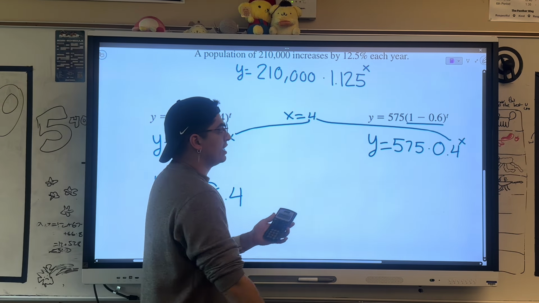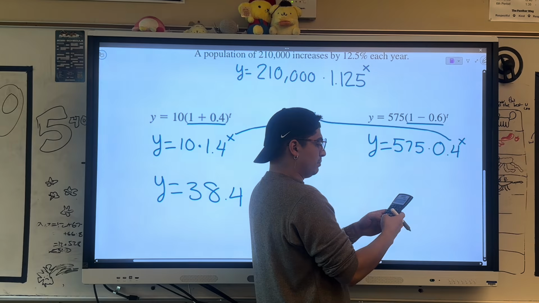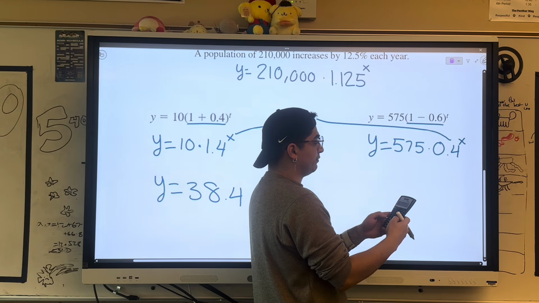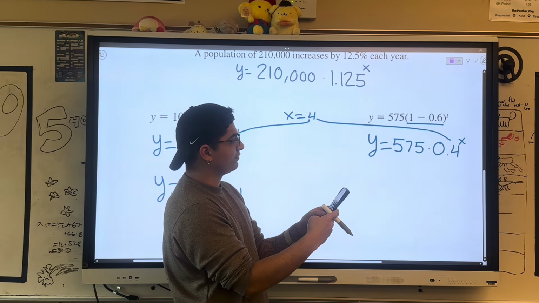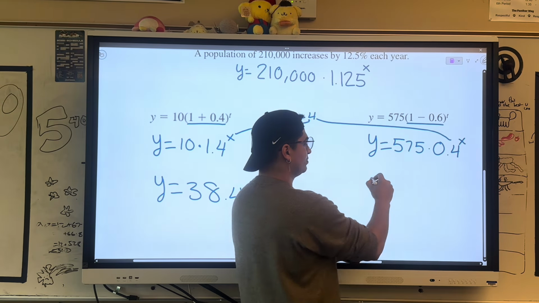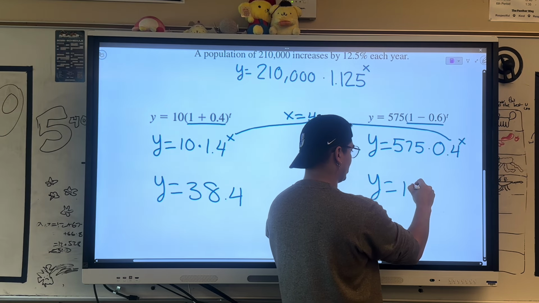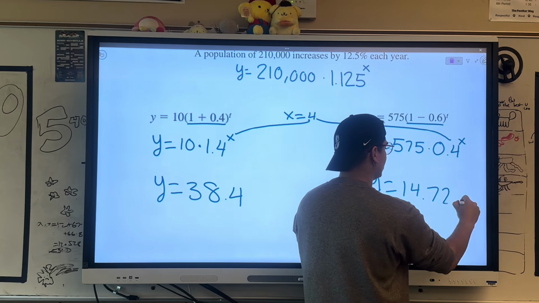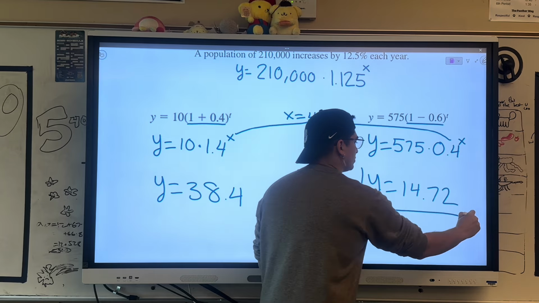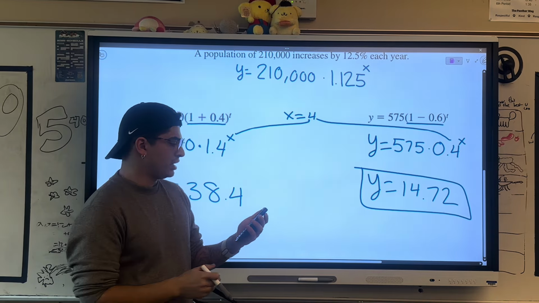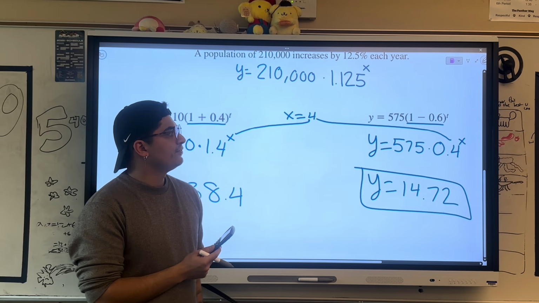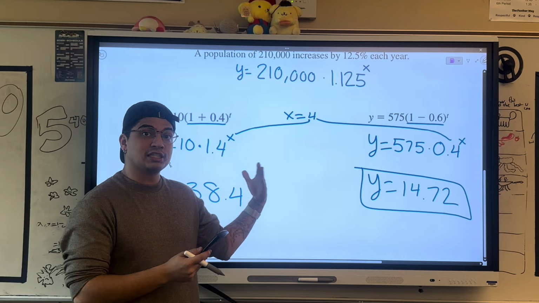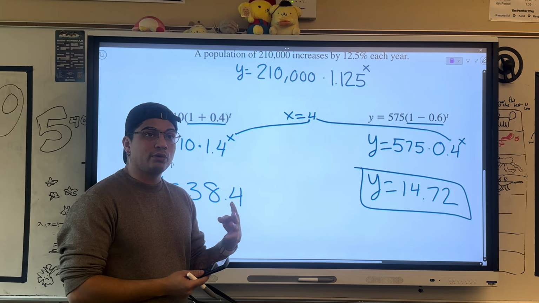And then this one would be, right, you'd have 0.4 to the power of 4 times 575, and that would give you y is equal to 14.72. So notice how that's 40% of 575, but it is done exponentially 4 years in a row, or 4 times in a row.